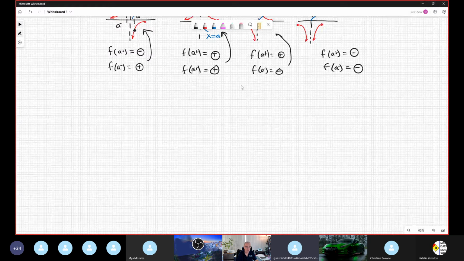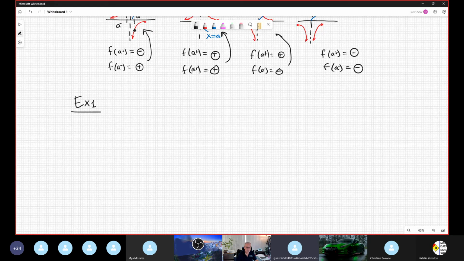Okay, suppose example 1 about the vertical asymptote. Suppose we investigate the function 2 over x minus 3. This is rational because it is a division of polynomials.